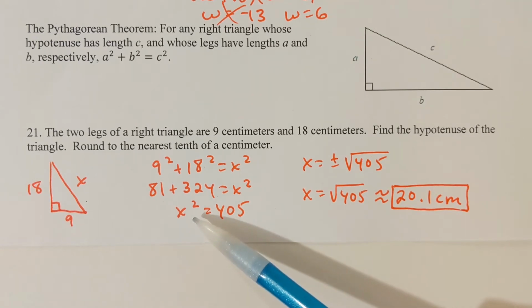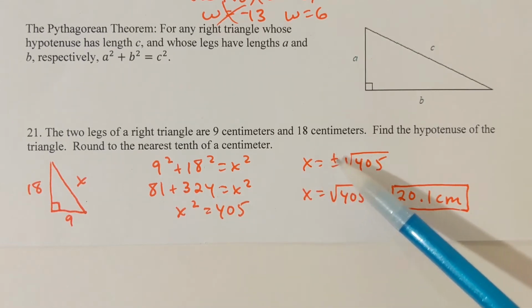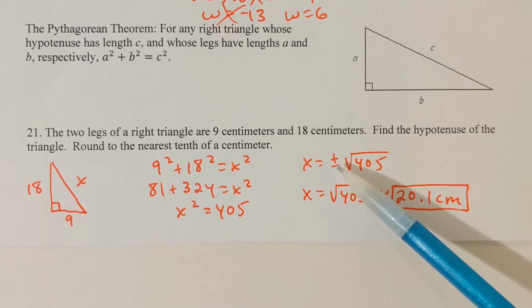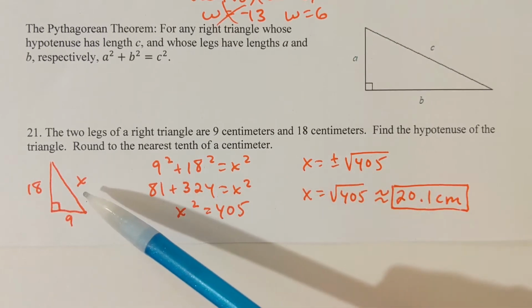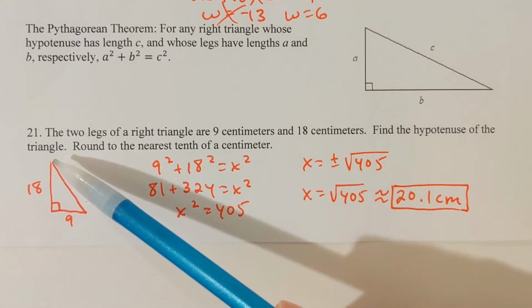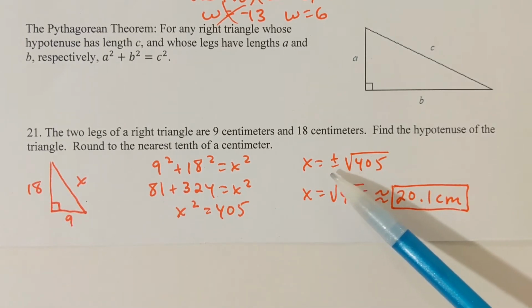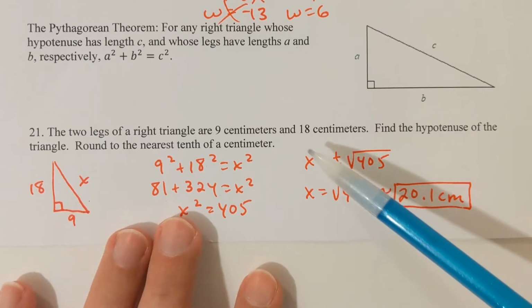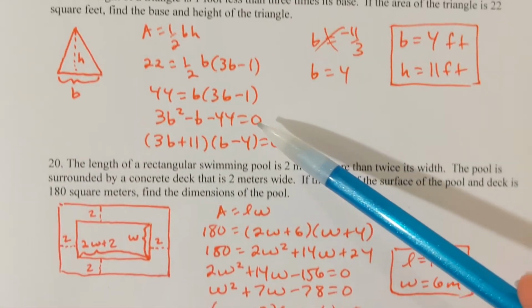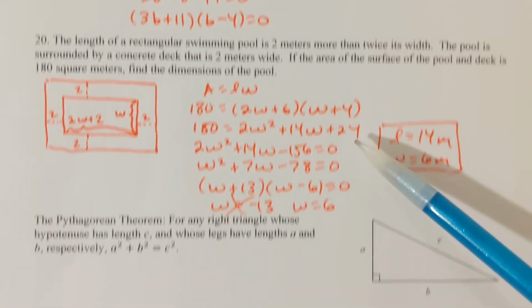Then I'd take the square root of both sides in order to get x all alone. And of course I need the plus minus there. But since x represents the hypotenuse, you're talking about distance, so you're not going to have a negative. Like some of these other problems that come up with a negative number, just disregard that. You're talking about distance.